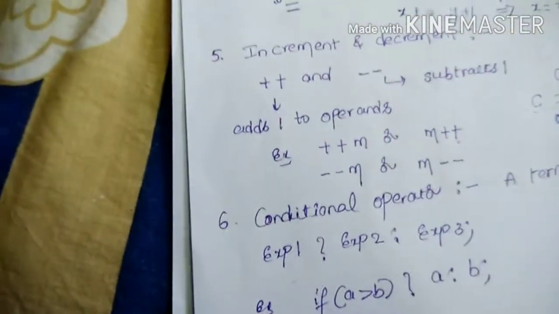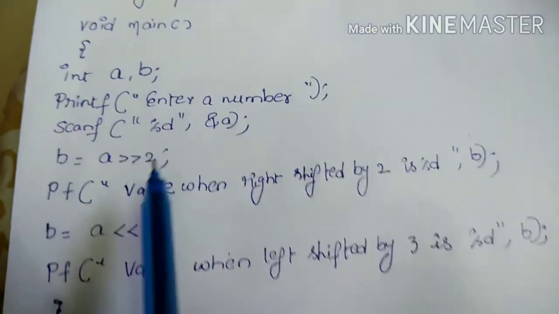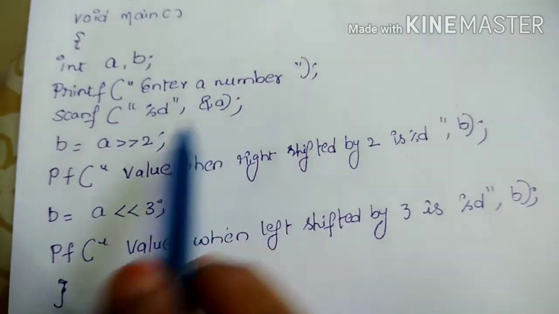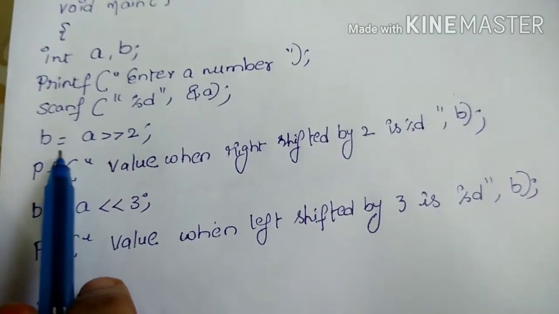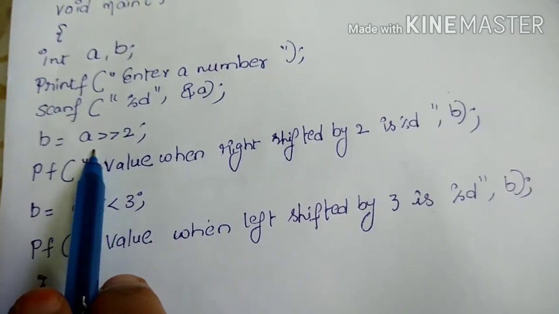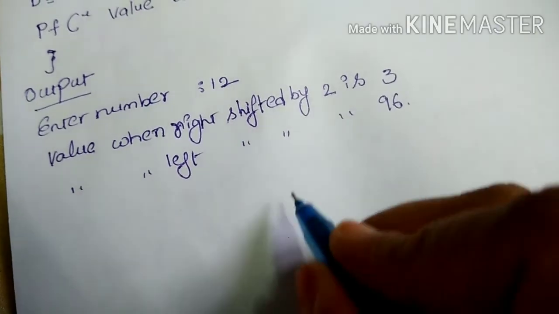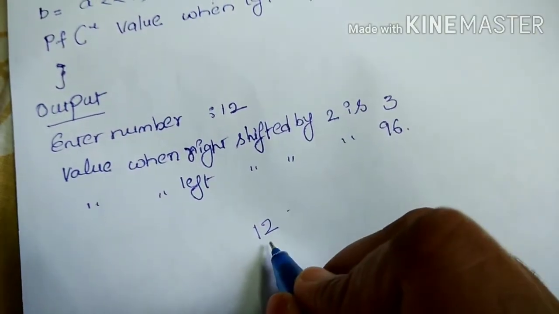Now a simple program for the bitwise operators. So void main. I am going to enter one number, read the value, and apply the shift right and shift left operators. So give a value for the number. Suppose I am giving a value of 12.